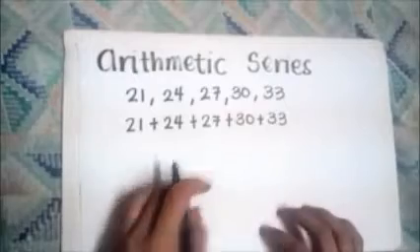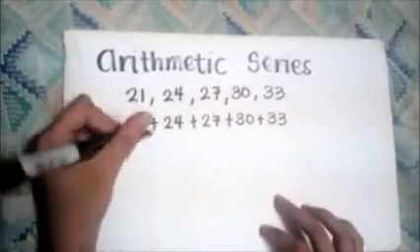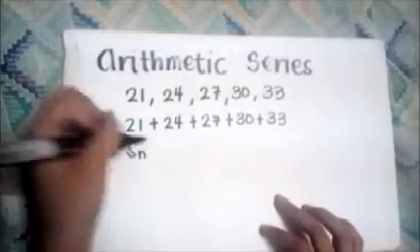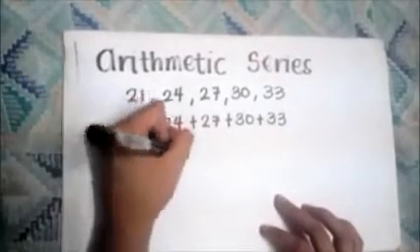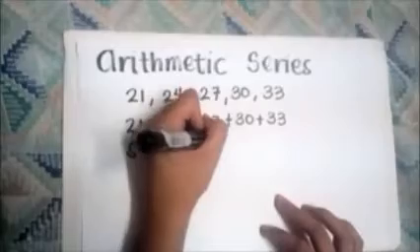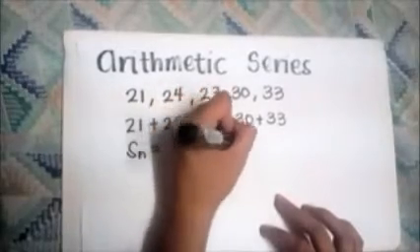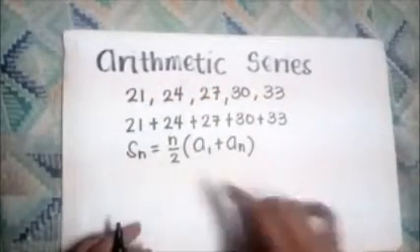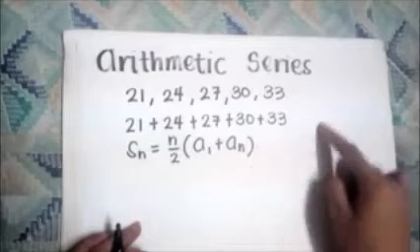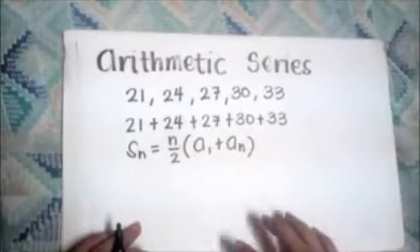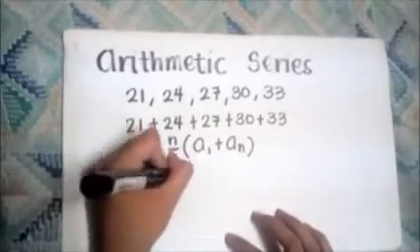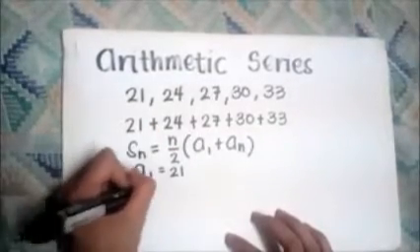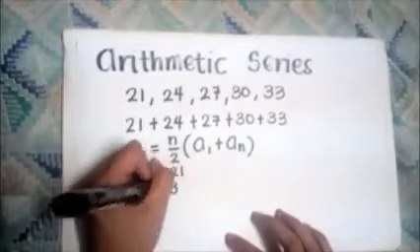Now, arithmetic series have a formula: S sub n is equal to n over 2 times (a sub 1 plus a sub n). We can apply this formula to this arithmetic series. So we have a sub 1 is equal to 21 and a sub 5 is equal to 33.